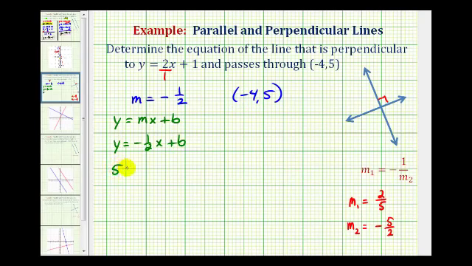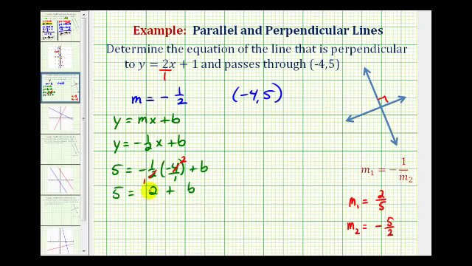So we'd have 5 equals negative 1/2 times negative 4 plus b. Put the negative 4 over 1. So we have 5 equals, notice how this simplifies here. There's 1, 2, and 2, and 2 2's are 4. So this becomes negative 1 times negative 2. Don't forget about this sign here.